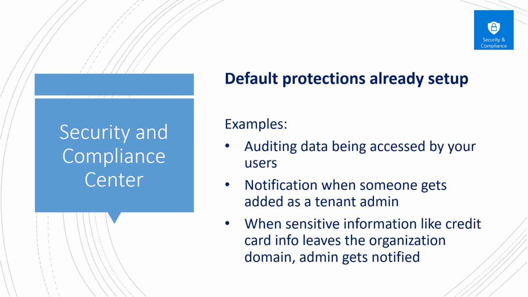It may not be anything, but it's something that the admin would have to look into and make sure no real sensitive information is leaving the organization. Like I said, these are the default protections already set up by default. They don't have to do anything to make this happen. And then there are a lot of things that admins can do at the Security and Compliance Center afterwards.